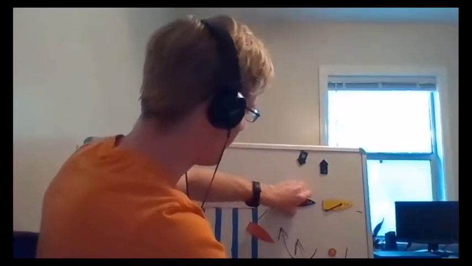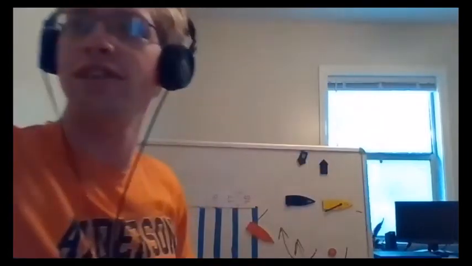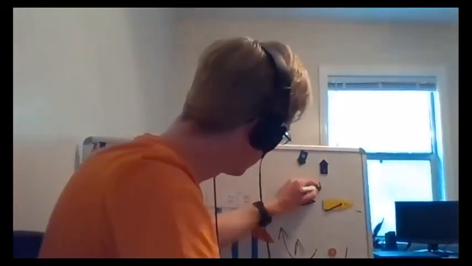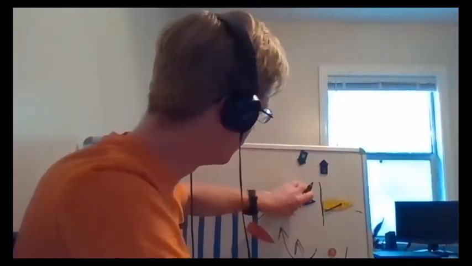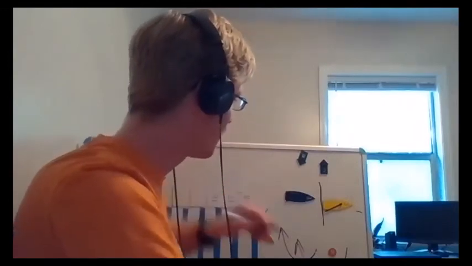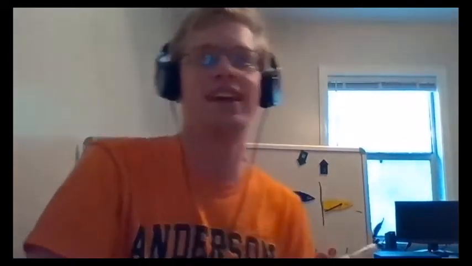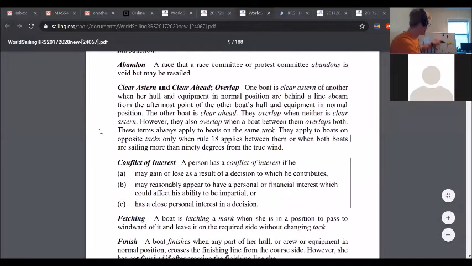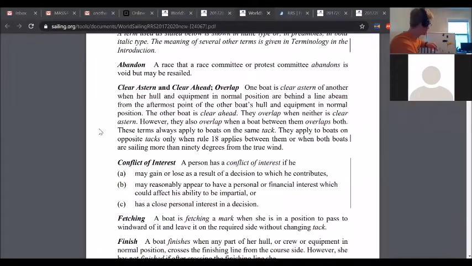The definition is saying if this line ear to ear is not crossed by the blue boat, then the blue boat is clear stern, the yellow boat is clear head. It does not say anywhere, if we pull it back up and look at it again, that if this line is crossed, then they are overlapped.